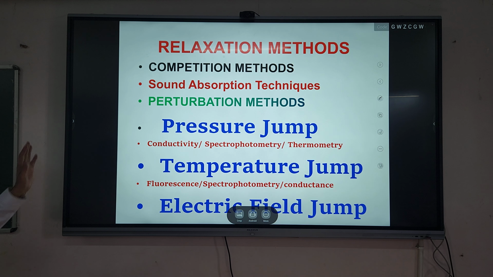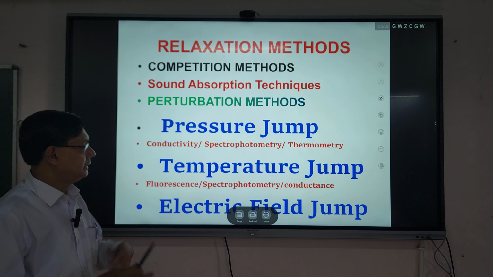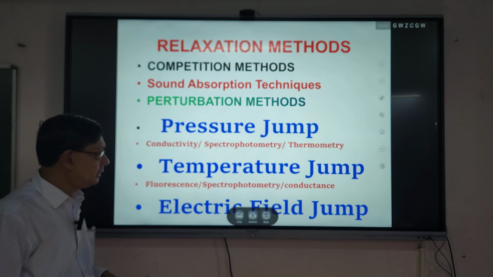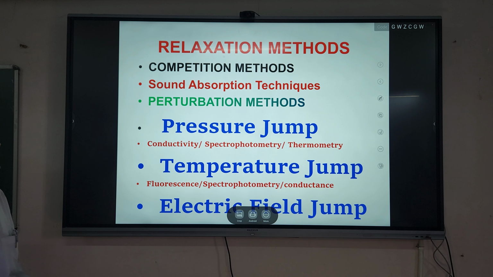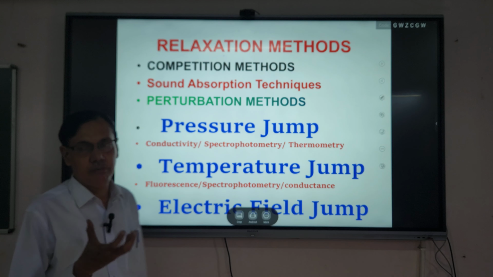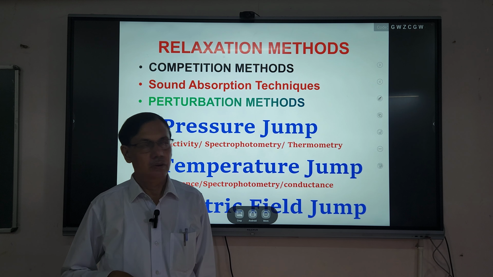Now, I have already discussed the details, but again I just want to repeat that there are two methods in relaxation method. One is the competition method, sometimes called the direct method, and under this competition method, the sound absorption technique is very suitable.